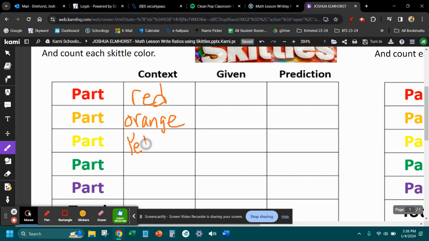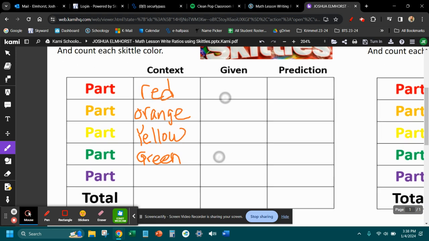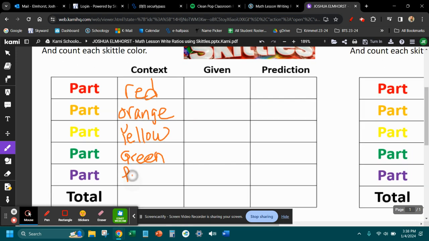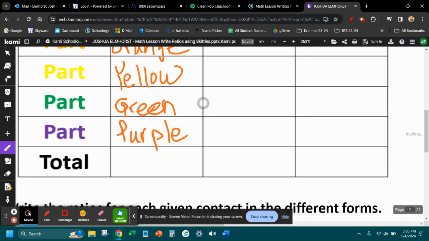Yellow, green, and purple. So these are all the different parts within the Skittle collection, but all of them are Skittles. So the total would be all of them.